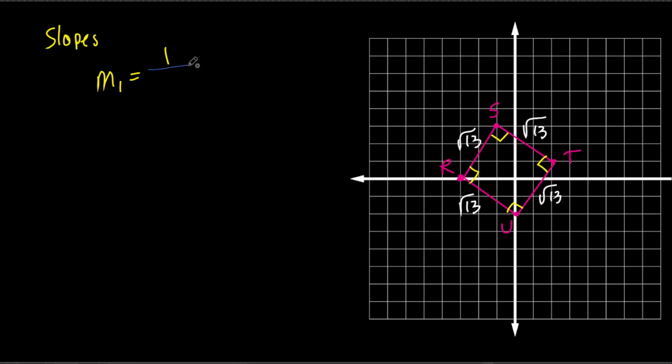No. 1 over M2. Does anybody remember this? Okay, I'll give you a word. You'll probably remember this. Forgot the negative right there. They're negative reciprocals of each other. Actually, I should have put a 1 here instead of a 2.